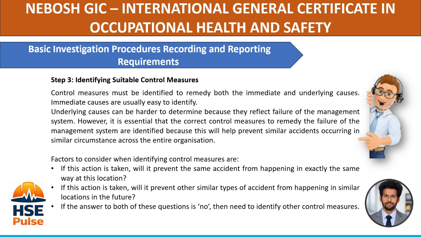But underlying causes are harder to determine because they reflect failure in the management system. However, it is essential that the correct control measures to remedy the failure of the management system are identified because this will help to prevent similar accidents occurring in similar circumstances across the entire organization.